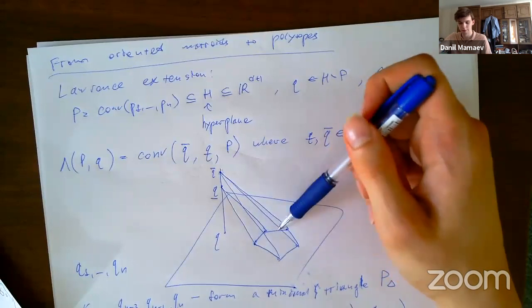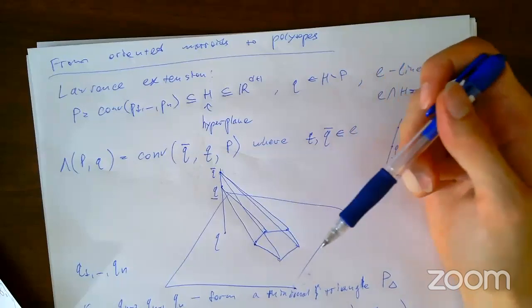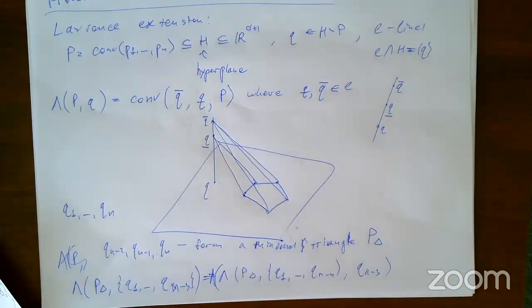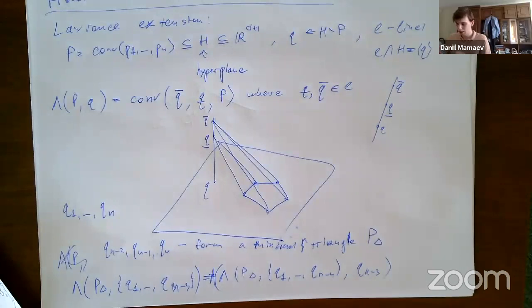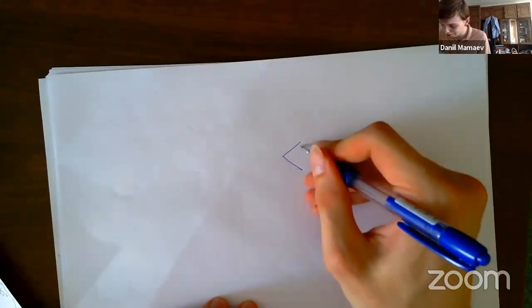Can you explain in more detail why the Lorentz polytope encodes these orientations? Yeah, let me try. Let me do it on an example. Suppose we have a triangle, just one triangle.